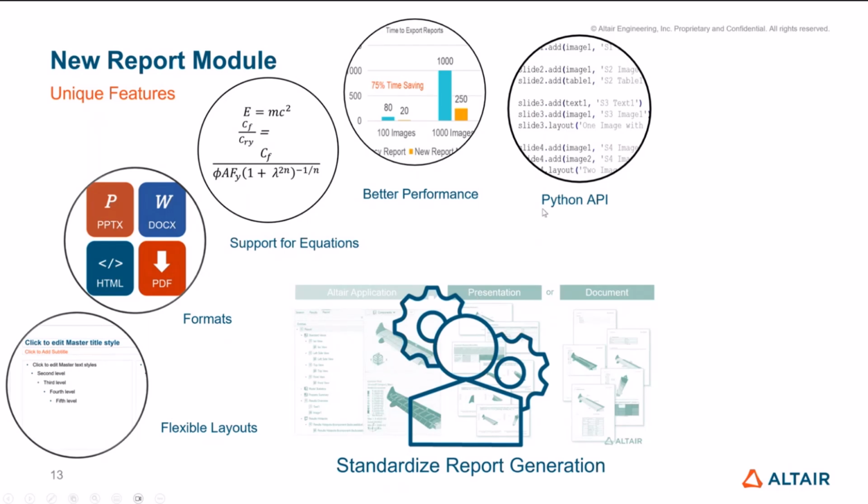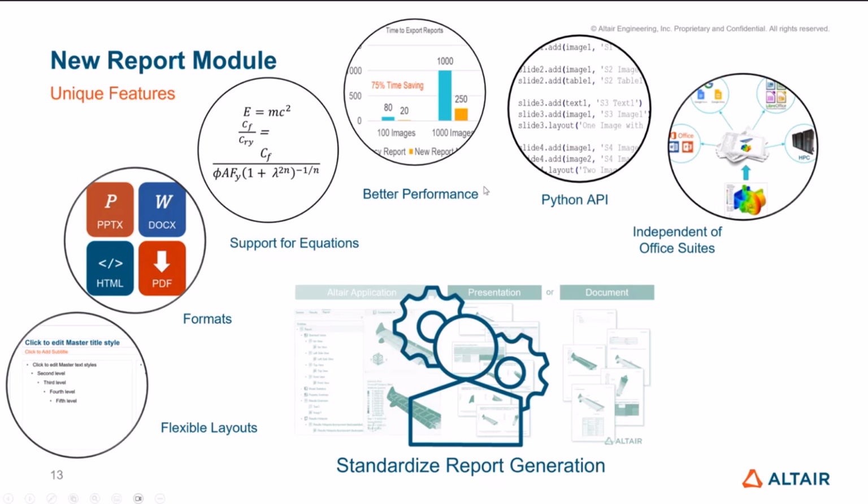But we decided to hold on to it for a little bit because we wanted to wait for the HyperView, HyperGraph and HyperMesh client APIs to come up on the Python side. And now we wanted to follow it up with the report Python API, because now the Python API layer has settled very well with its structure. So you'll see we are going to go over a quick script right after this slide.